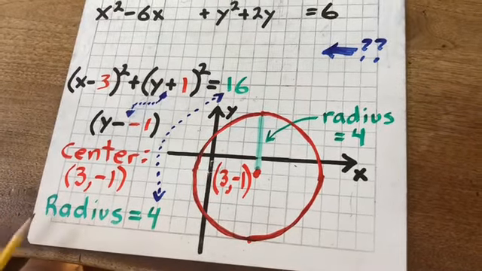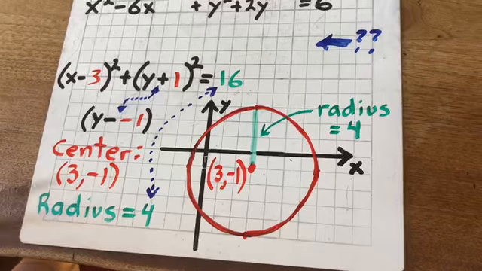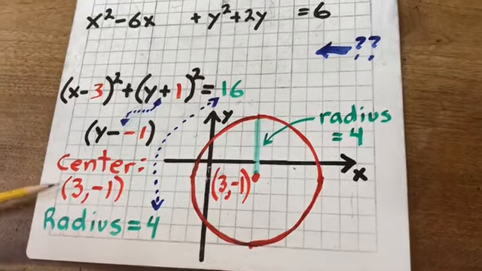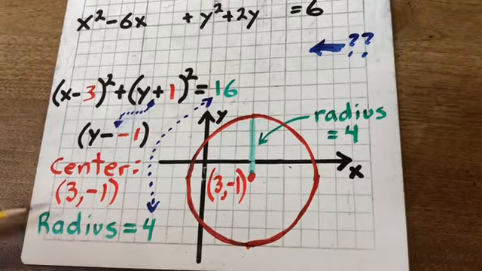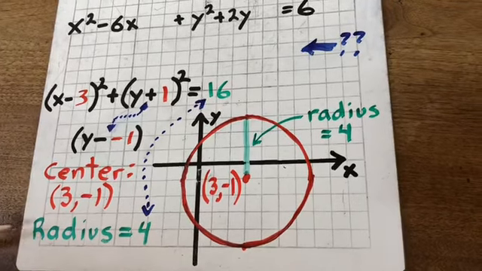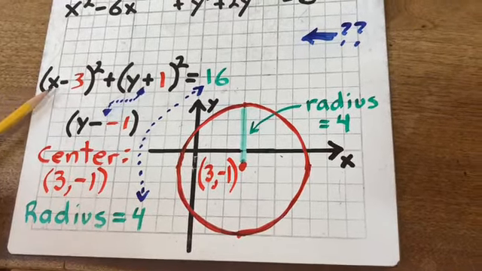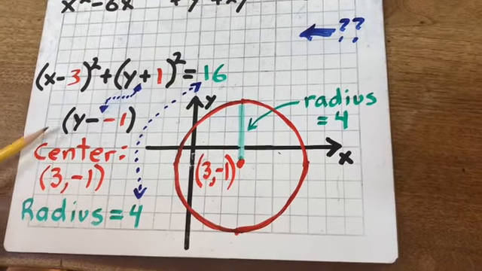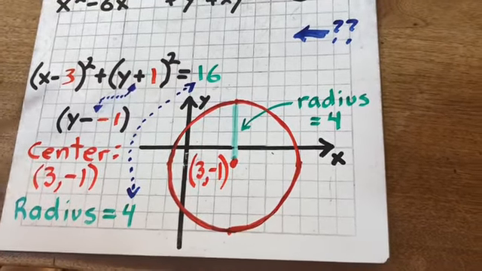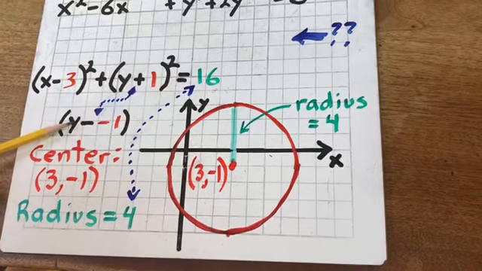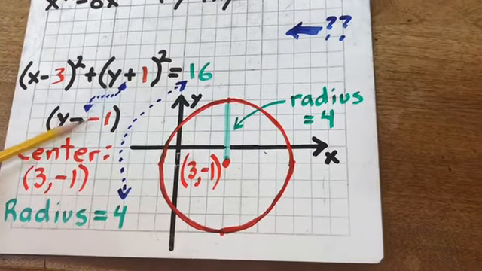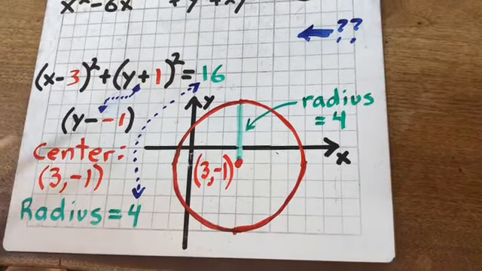Now, let's keep working backwards. What equation would give you a center at 3, -1 and a radius of 4? Well, let's go up here. It would be in parentheses x minus the x value of the center and y minus the y value of the center.